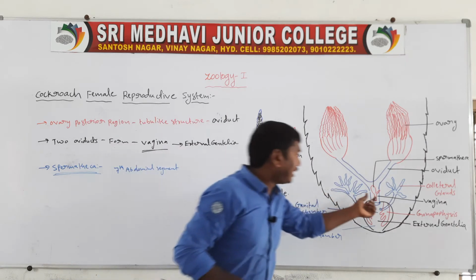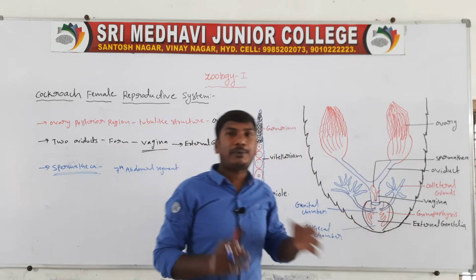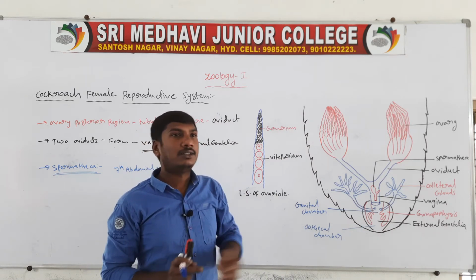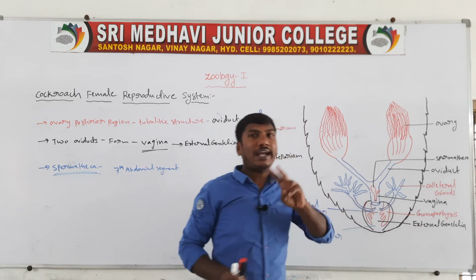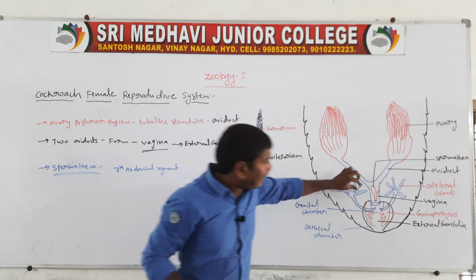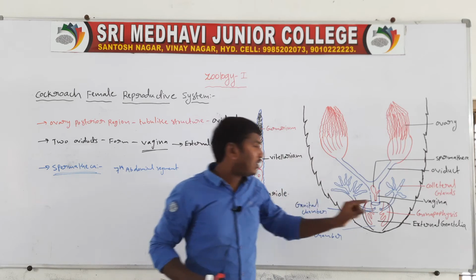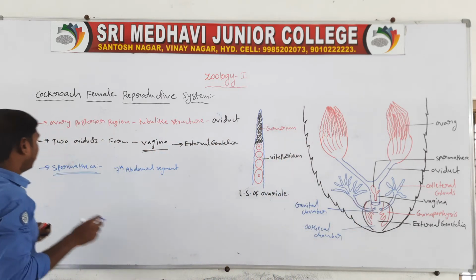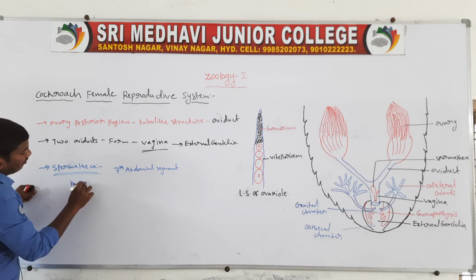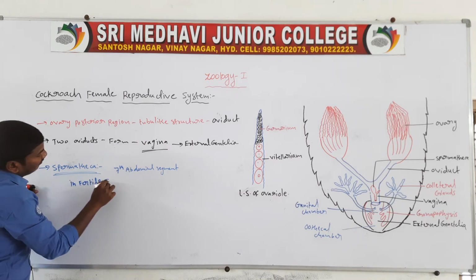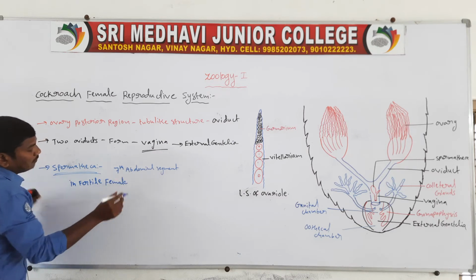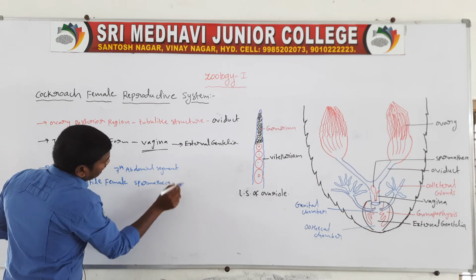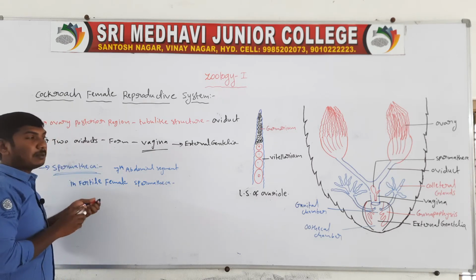To revise, the spermatheca is present in the 7th abdominal segment. It contains two sac-like structures, one large and one short. In a fertile female, the spermathecae contain spermatophores.